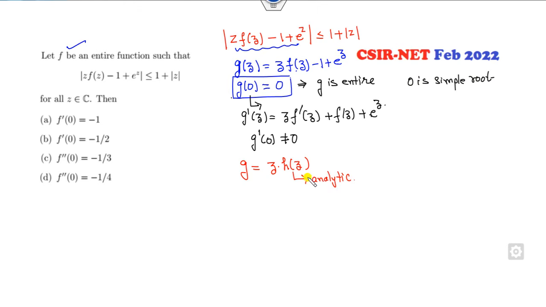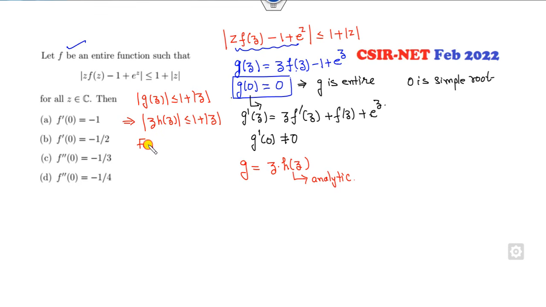Fine. Now what is given to you? According to this statement, this function is less than this. Here g is z times h(z), which is less than 1 plus |z|.